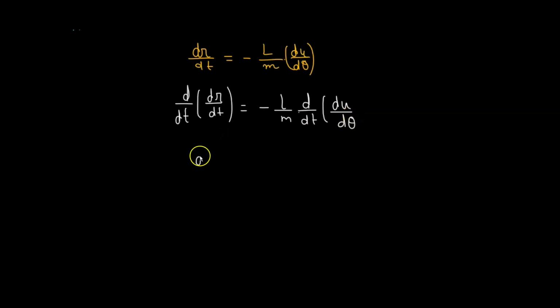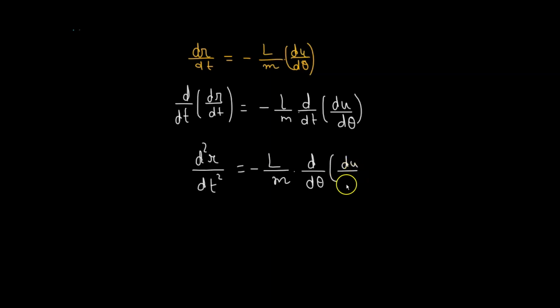On the left hand side we have d squared r over dt squared, which is equal to -L, which is the angular momentum, divided by the mass times, d over dt of du over d theta can be written as d over d theta of du over d theta multiplied by d theta over dt.